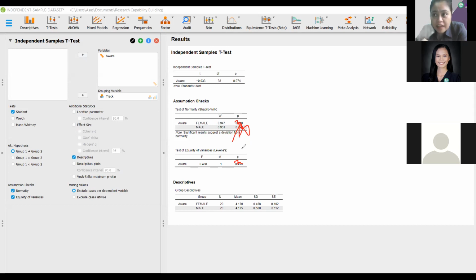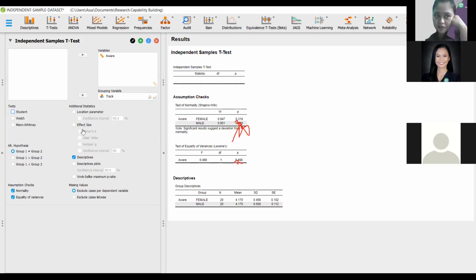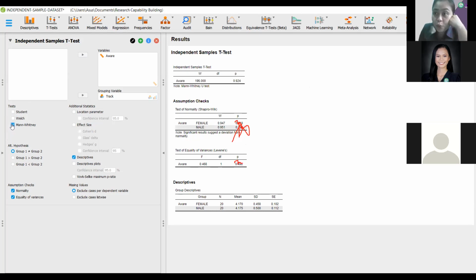Ang non-parametric equivalent ng ating independent sample t-test is called the Mann-Whitney test. Okay? And anong gagawin? Pag sa JASP, unclick the student t-test. The student t-test is referring to the independent sample t-test, and click the Mann-Whitney.